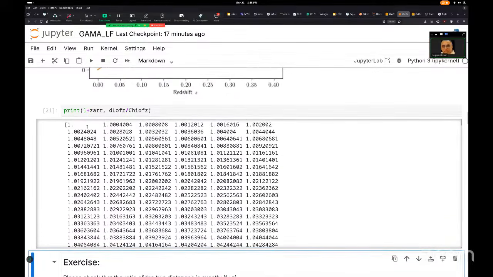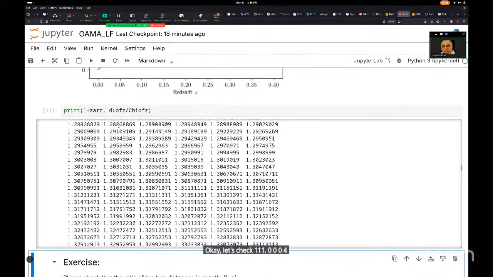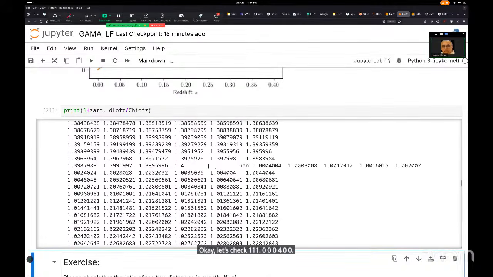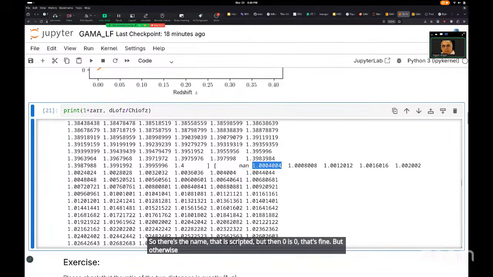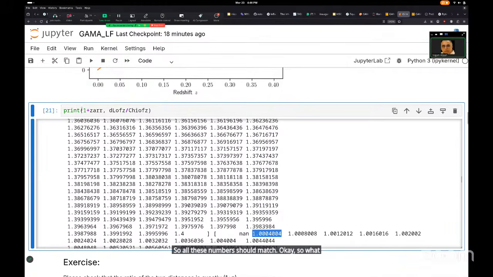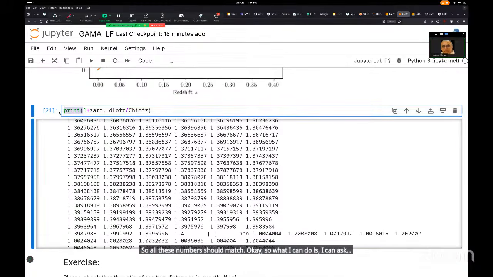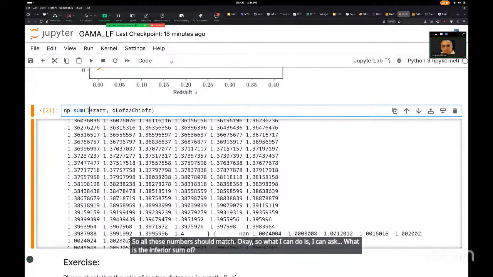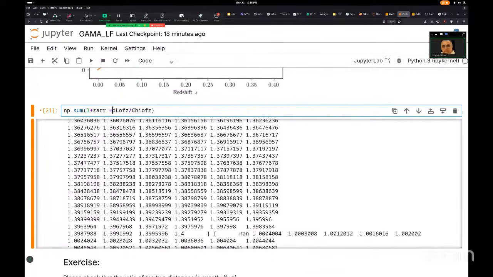Okay, let's check. 1.0004000. So there's a NaN that is expected, because it is 0 by 0, that's right. But otherwise you have 1.0004004. So all these numbers should match. So what I can do is ask what is the np.sum of 1 plus z_r equal to D_L of z.